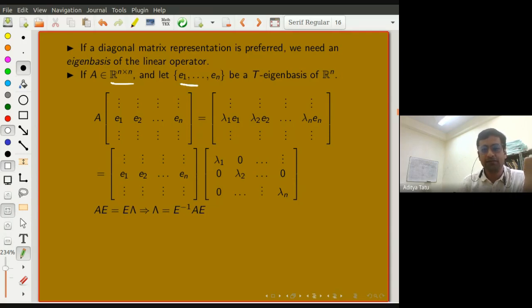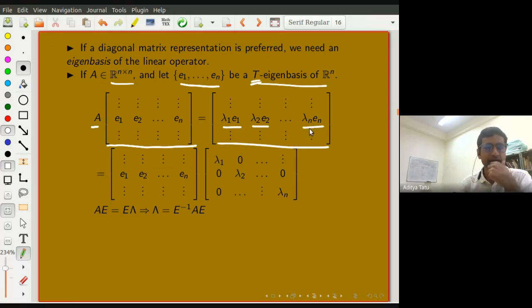And let us say we have E1 to En, which is an eigenbasis of A, in the sense that E1 to En are n linearly independent vectors, and each of them is an eigenvector of my matrix A. In that case, if I multiply A to a matrix whose columns are its eigenvectors, by definition, I'm going to get this matrix. The first column is going to be A E1, but A E1 is nothing but lambda 1 E1. The second column is going to be A E2, which is nothing but lambda 2 E2, and so on and so forth. The last column is going to be lambda n En.